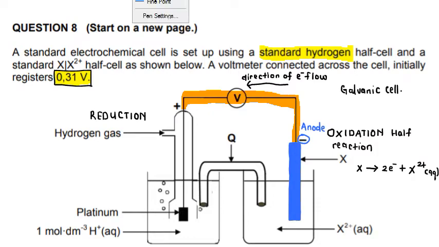Now that we've identified our anode, we can confidently say that on the other side, this little piece of platinum is acting as our cathode, and I'm just going to write it next to this positive sign. That is our cathode.